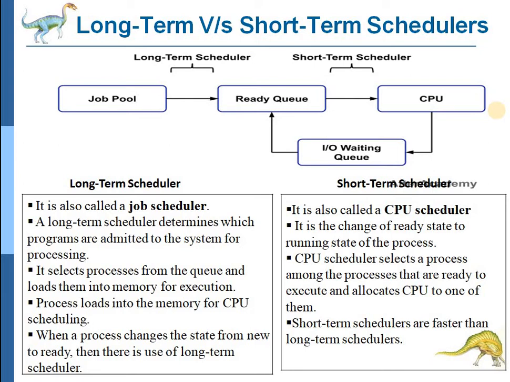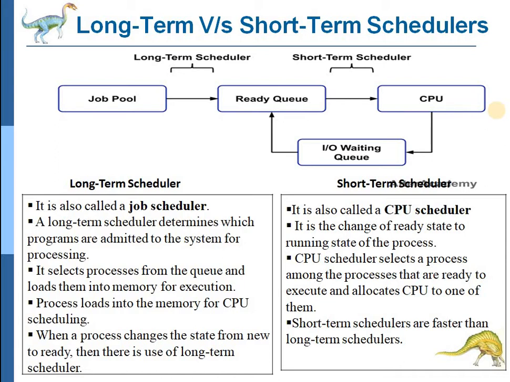A scheduler is the function of selecting a process from one process state to another so that it finally gets executed. There are three types of scheduler used in process scheduling: long-term scheduler, short-term scheduler and medium-term scheduler.